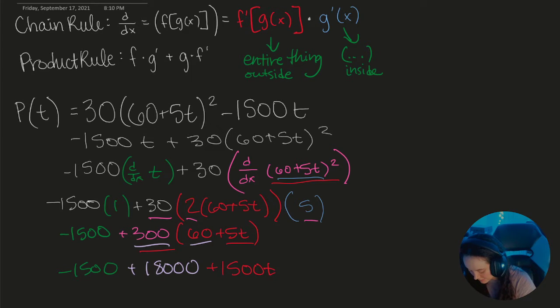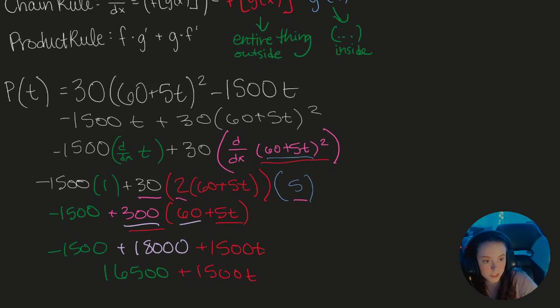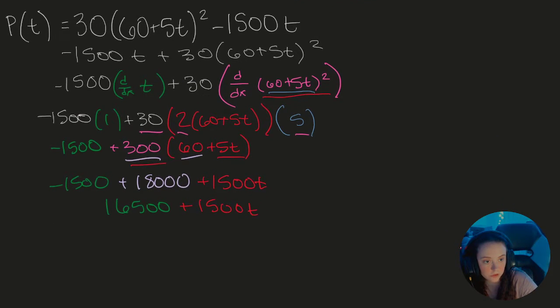Then we're going to say negative 1500 plus 18,000, which is going to give us 16,500 plus 1500t. Okay, I'm going to scroll this up just a little bit for us.